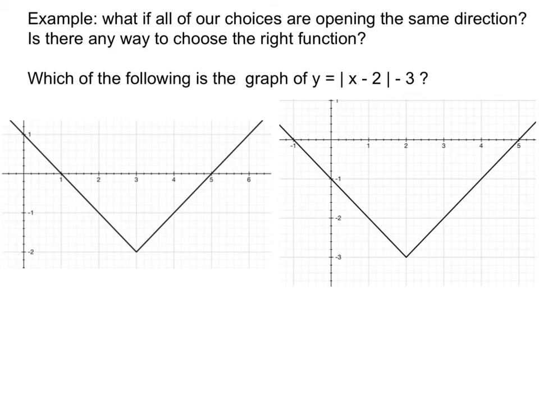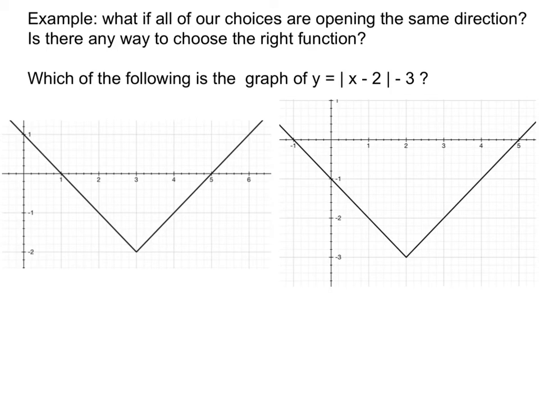Right? I feel like one thing you could do is you could find a point that these two graphs don't have in common and figure out which one of them is a solution to this equation. Now remember, what does it mean to be a solution to an equation? Being a solution means that when you take that point and you evaluate this equation using those values, it will make the equation true.